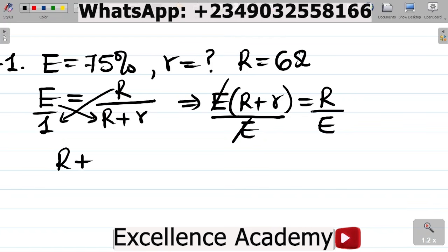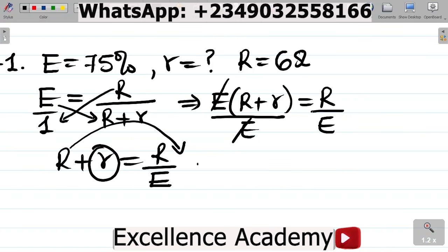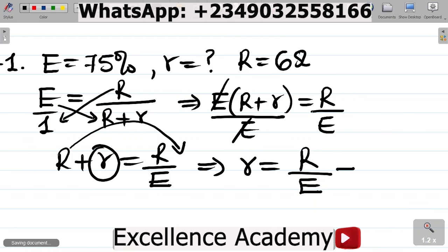So R plus r is equal to R all over E. To get the value of r, I'll move capital R here. That means small r, internal resistance, is equal to external resistance, capital R, all over efficiency, minus R. This is positive, moves over the equality sign, becomes negative R.